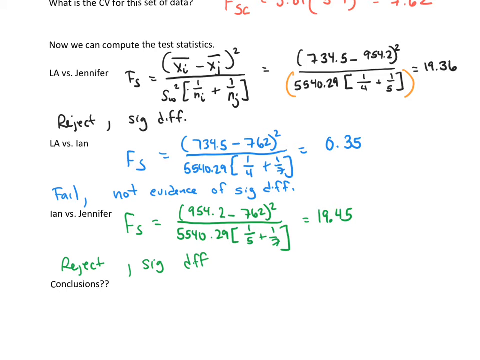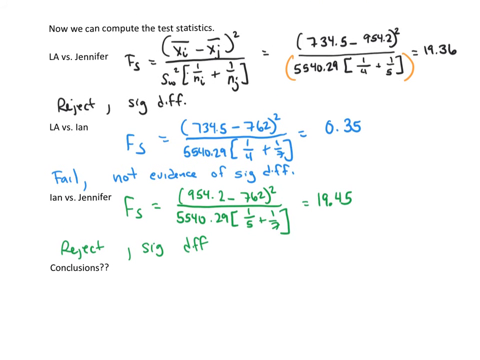So now here's what we have to conclude. What we know is we know LA and Jennifer are significantly different. And we know Ian and Jennifer are significantly different. So the common factor in those is obviously Jennifer, and it looks like she is bigger than the other two. So this one obviously works out really nice.